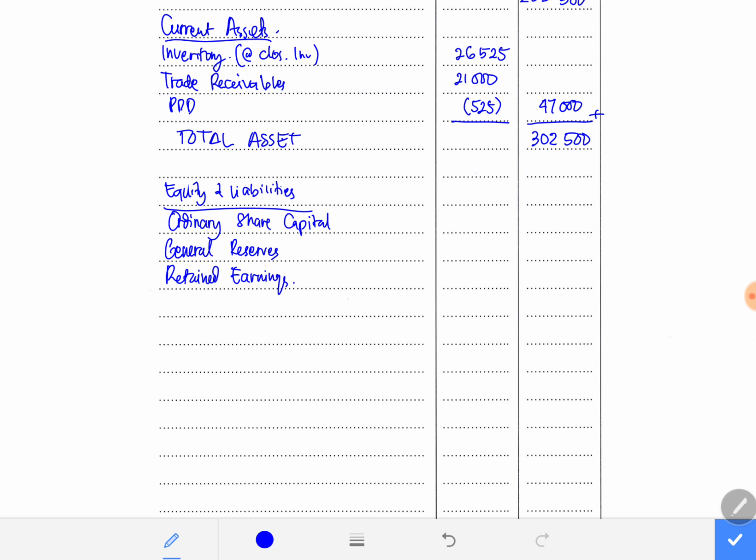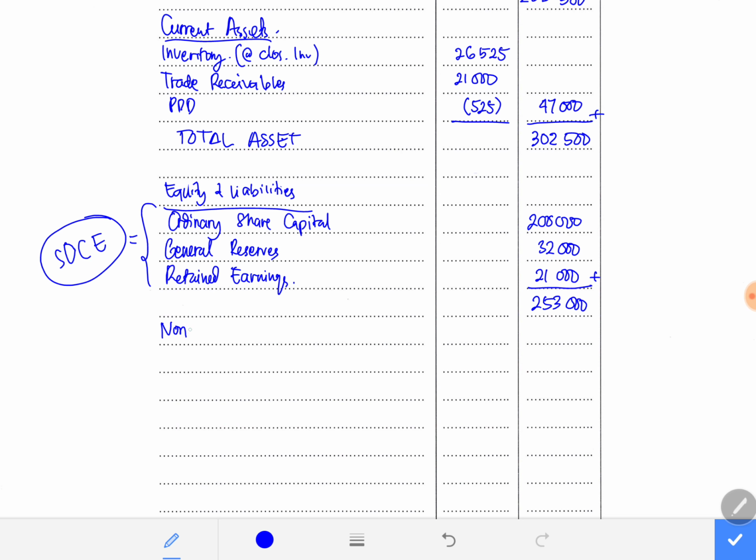Ordinary share capital is 200,000, and then 32,000 and 21,000. Total is 253,000. This is the same as the statement of changes in equity. Same. Yep. After equity, followed by liabilities.